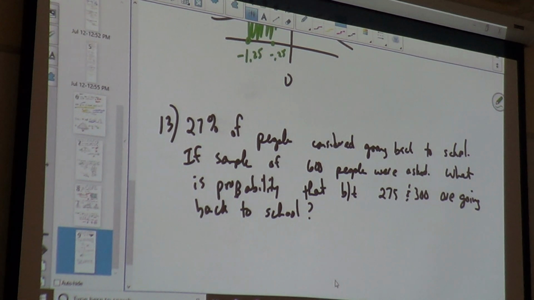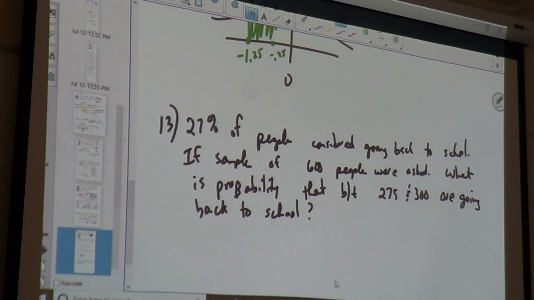27% of people consider going back to school. If a sample of 600 people were asked, what is the probability that between 275 and 300 are going back to school? Is this a Chapter 7 problem? Is this an 8.1 problem? Or is this an 8.2 problem?